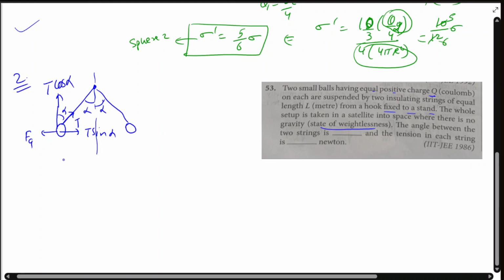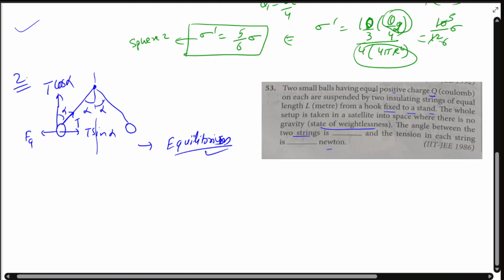Now if I equate the forces, so this situation is in equilibrium, right? In equilibrium we are talking about. It is not given here, of course. The equilibrium is not given, but the whole setup is taken in the satellite. The angle between the strings and the tension in each string are asked. So when they are asking this without mentioning equilibrium, we have to take equilibrium.